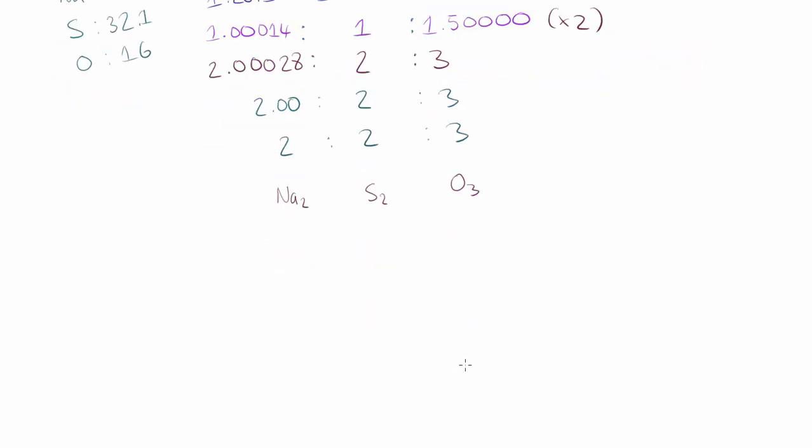So therefore, what we're getting out of this is Na2S2O3. And so now what we have is the form where we have the simplest whole number ratio between the values. In other words, we have our empirical formula.